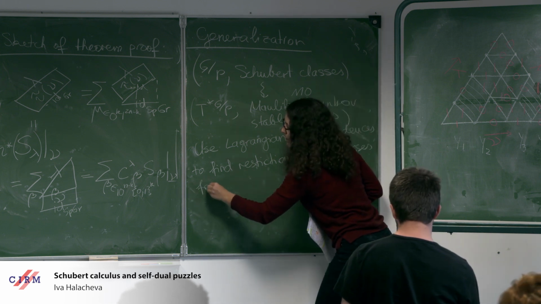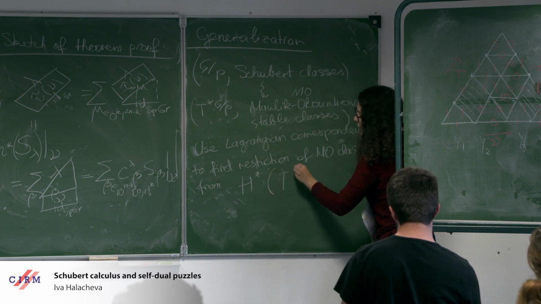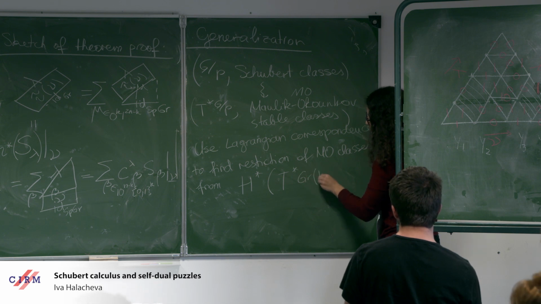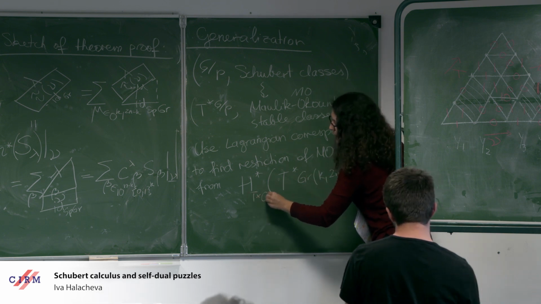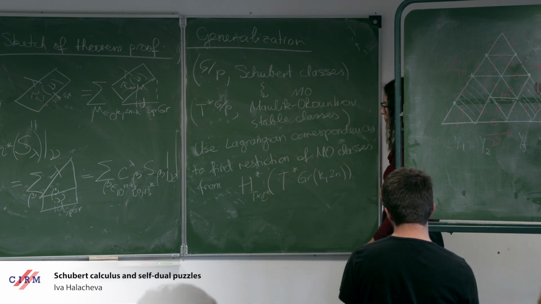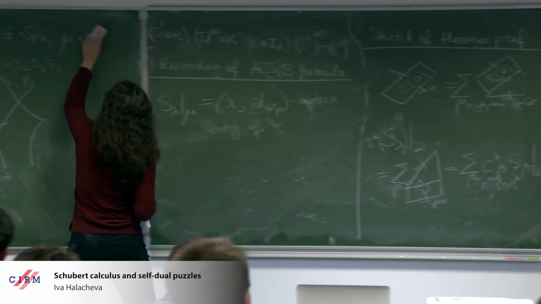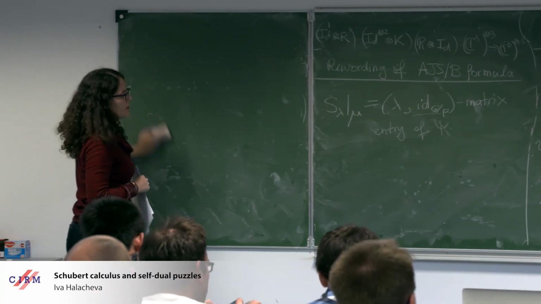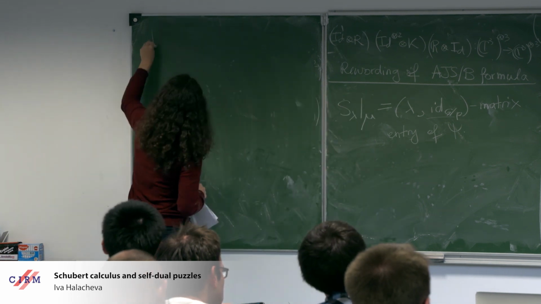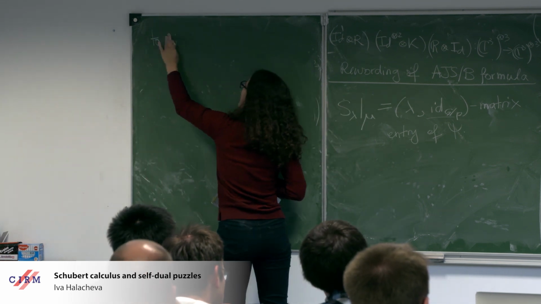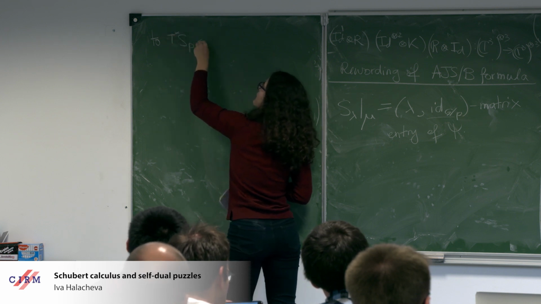So from now we have the cohomology of the cotangent bundle of the Grassmannian, and we have the torus together with the dilation action on the fiber. So from there to the cotangent bundle of the symplectic Grassmannian, I'll just write T star of the symplectic Grassmannian of K2n.